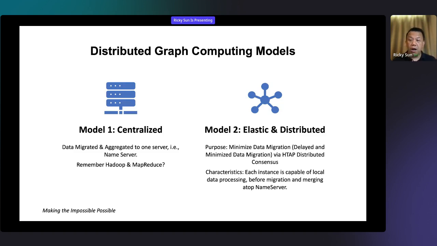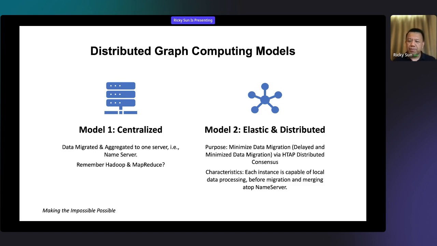Of course, the entire HTAP distributed consensus thing was invented to take care of that, to minimize the data migration as much as possible. The key characteristic here is that each instance must be capable of local data processing, right? This is the key thing.